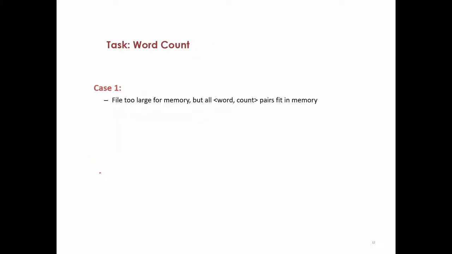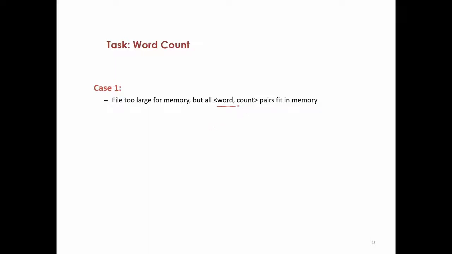So how will you typically do this? Suppose the file is very large, but the number of unique words is very small, so each of the words repeats many times.